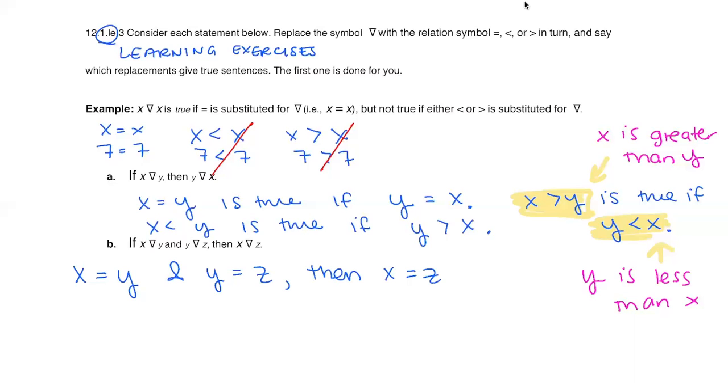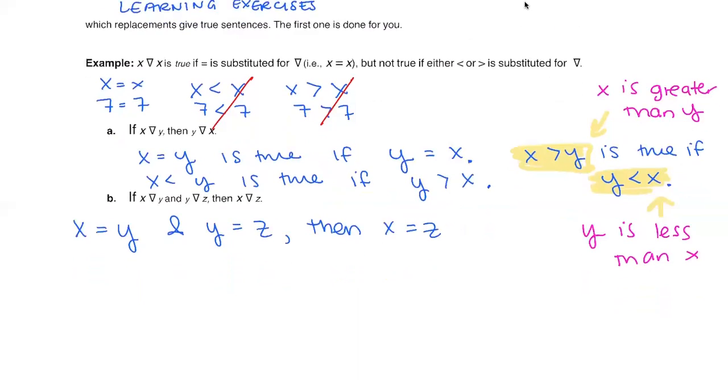Well, from the first statement here, x is equal to y, that's the same thing as we can plug in anywhere that we see a y and make it be an x. I see a y right here, so then I get x is equal to z. And yeah, totally true. That's exactly what we wanted. All they're saying is that you can plug in for the different values. In this case, the values are arbitrary letters x, y, and z.